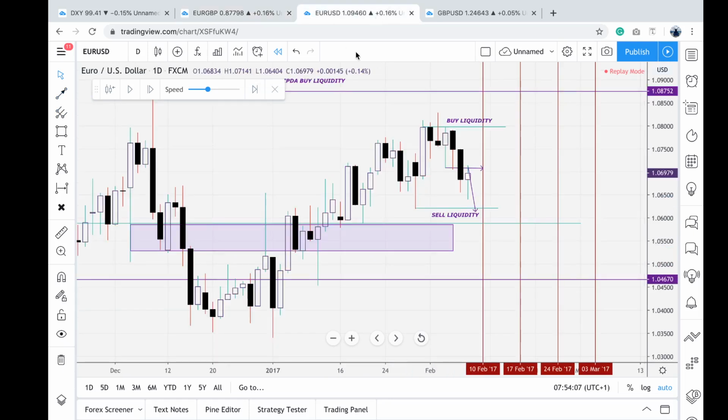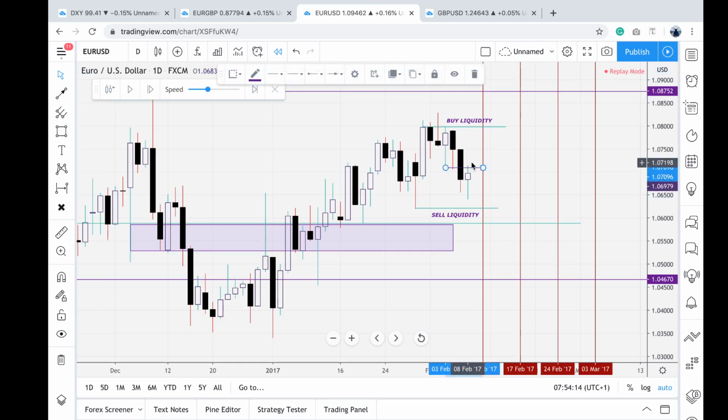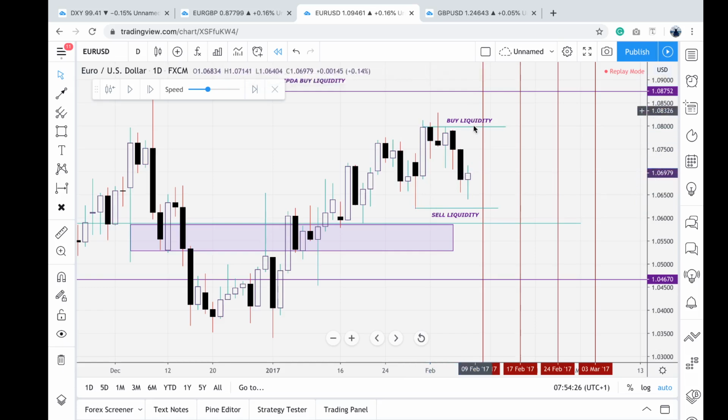So in euro dollar, let's see what we could actually expect. Price has traded through this level where sell liquidity rests. I feel we could be bullish on euro dollar, with buy liquidity resting. What we just did was go through a level of liquidity where retail stops would be resting, and this could be a potential turtle soup.